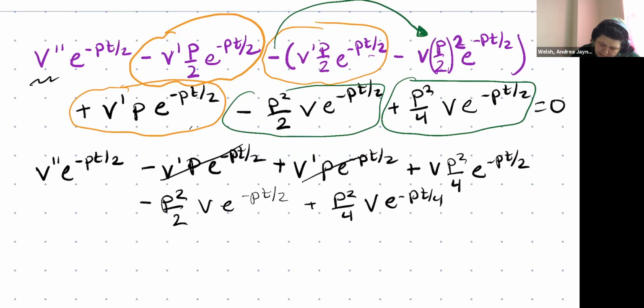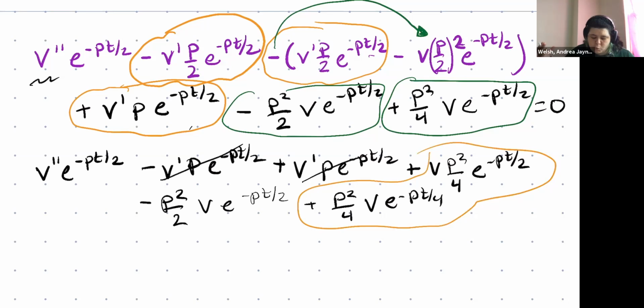So that's why we should be a little bit careful. I probably could have taken some more steps in between there and checked that to make sure that was going to work out.